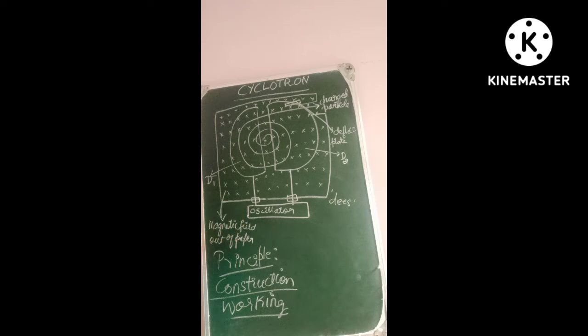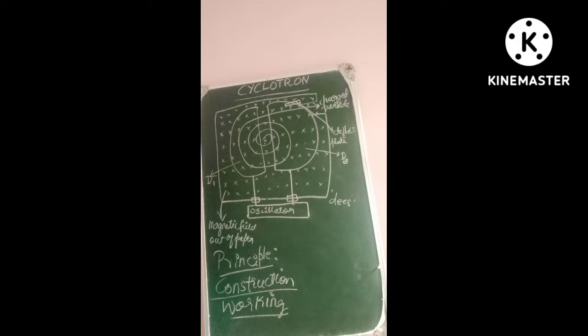Then the phase of the oscillator supply is adjusted such that the positive ions arriving at the edge of D1 and D2 are at a lower potential, and the electric field across the gap accelerates the ions.